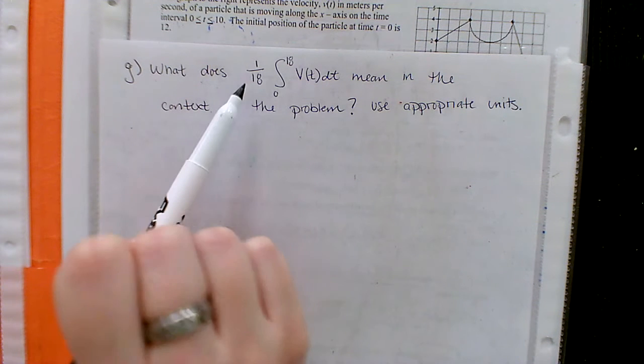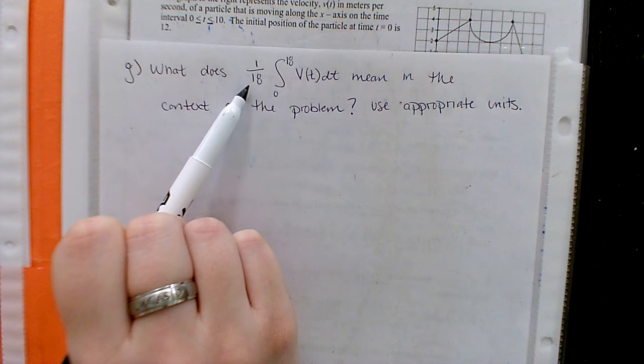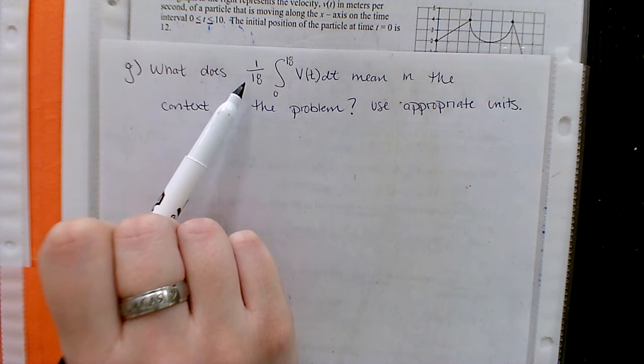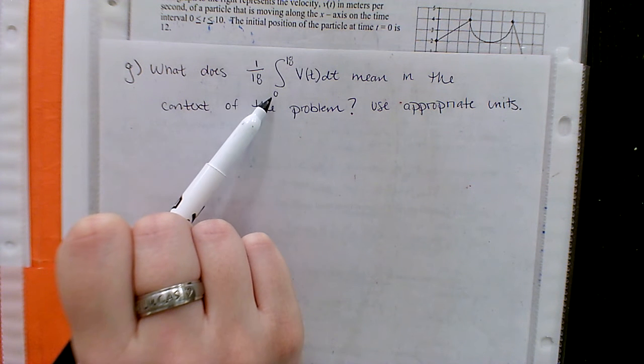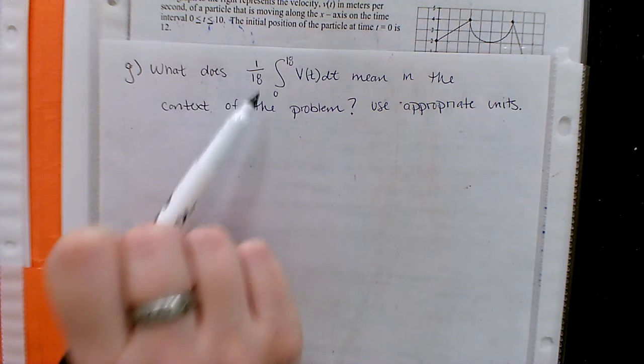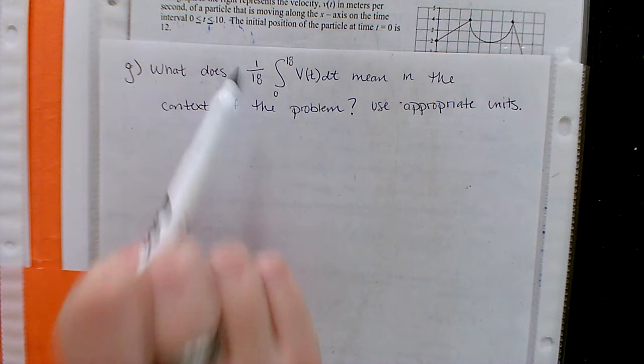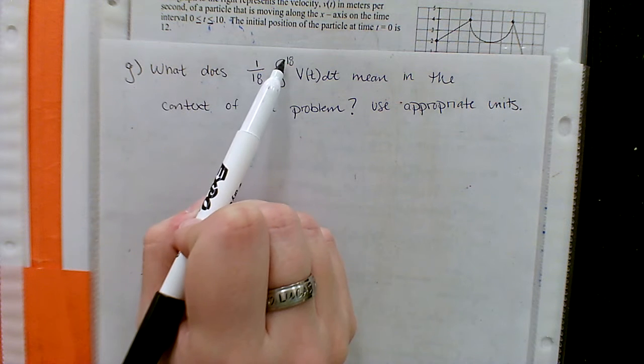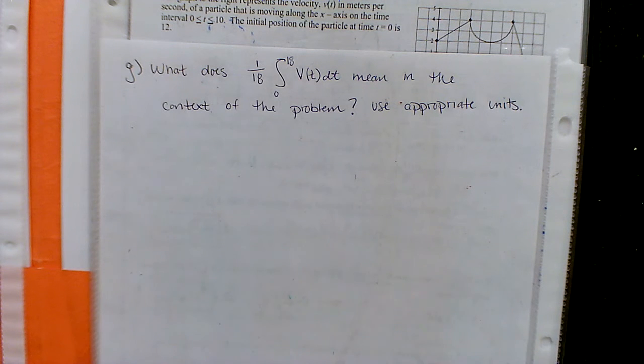Okay, so let's take a look at this. Notice how this denominator is specifically 18, and 18 happens to be the difference between 0 and 18, which are your bounds here. That's not some coincidence. We already know that the integral piece is displacement. That was the first question we answered.